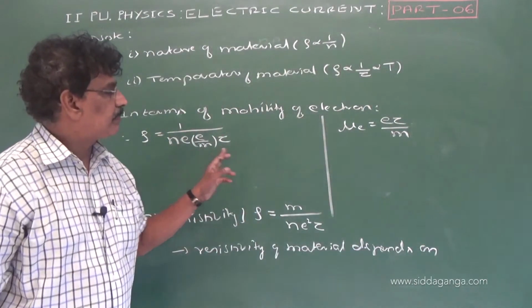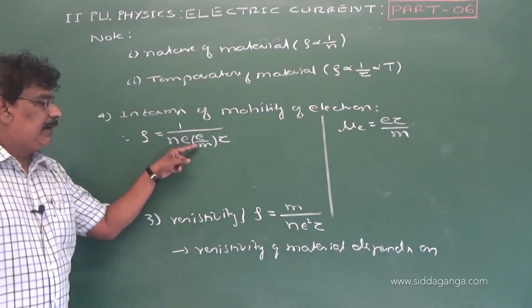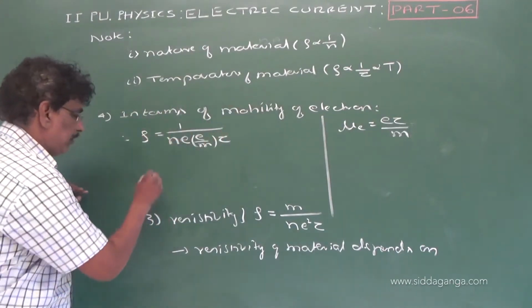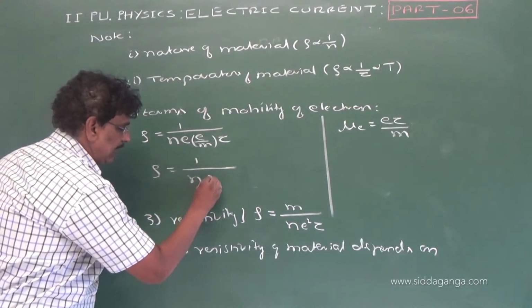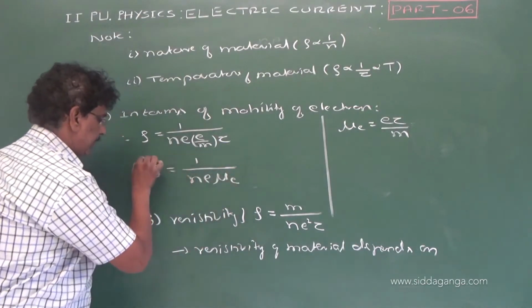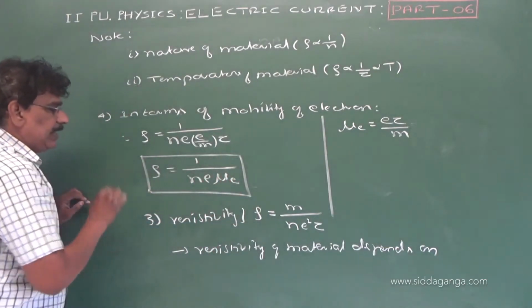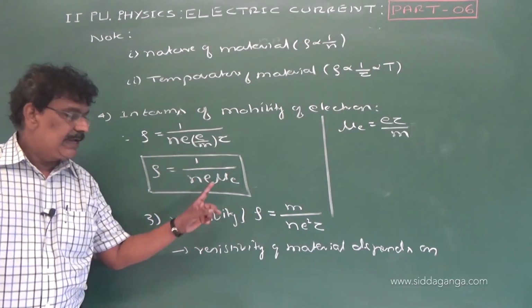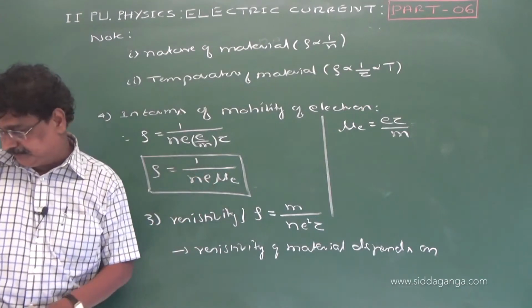This term e by m into τ represents mobility. Therefore, ρ = 1 by n e μe. This is the expression for resistivity of the material of a conductor in terms of mobility of electron.